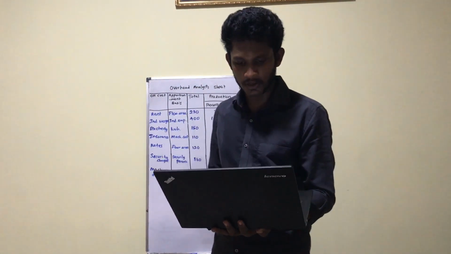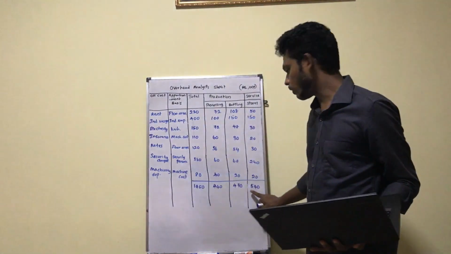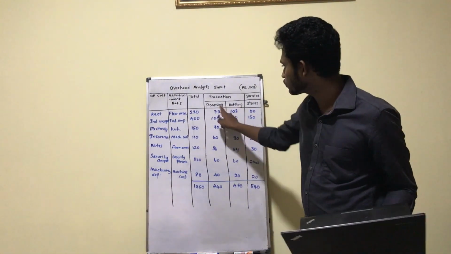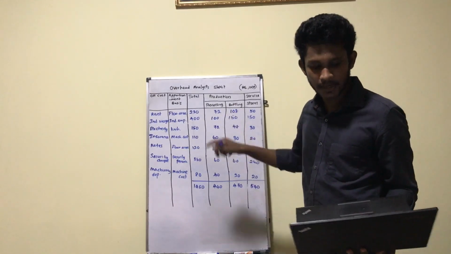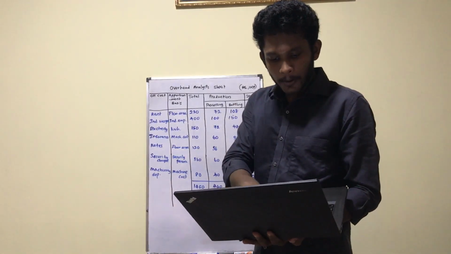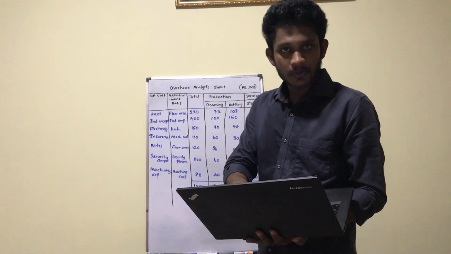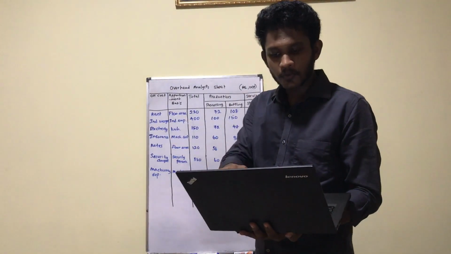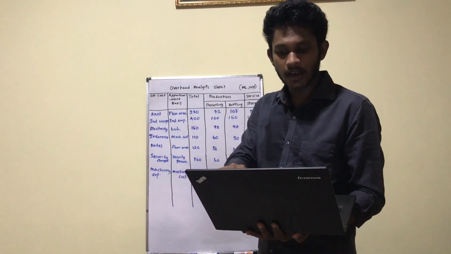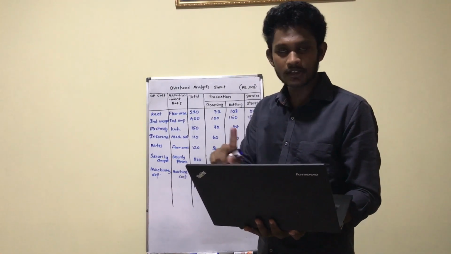Now the second additional information is that the total overheads of the stores are reapportioned between the processing and bottling divisions on the basis of cost of production machinery. So the total of 540 should be reapportioned between these two production divisions based on the cost of production machinery. The cost of production machinery is 400,000 for processing and 200,000 for bottling, so altogether 600,000.